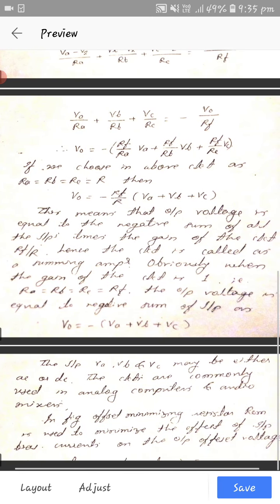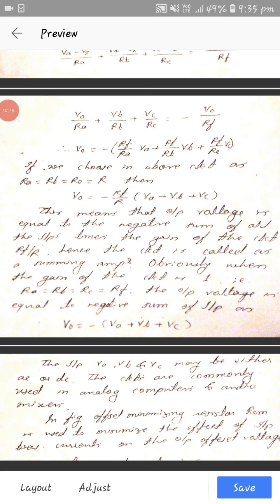The circuit is commonly used in analog computers and audio mixers. That means different input voltages, either AC or DC, are used. In audio mixers, the audio signals are combined.